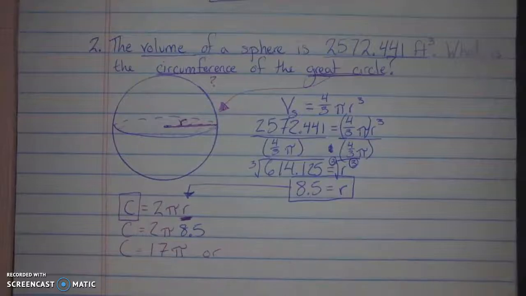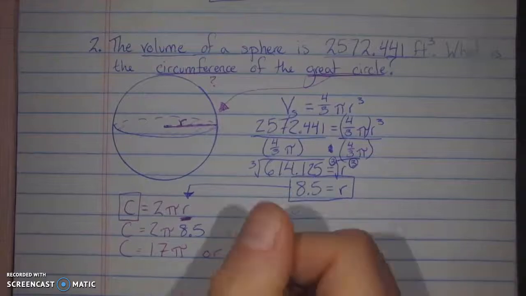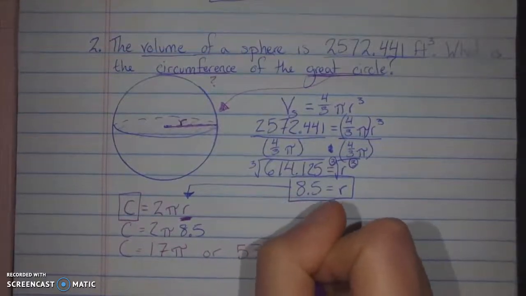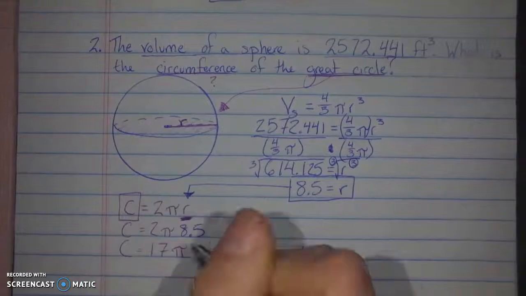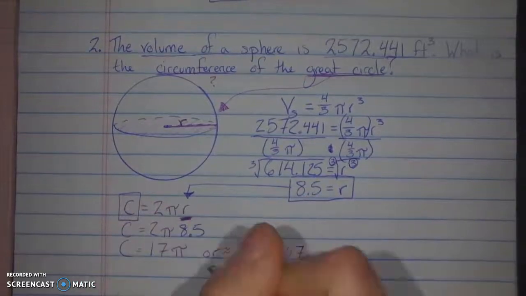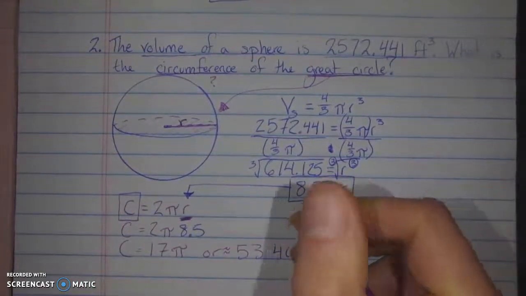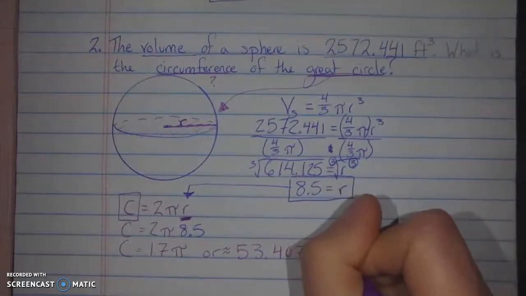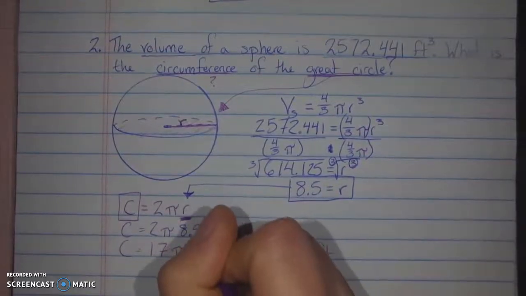Or I can actually multiply that out to see what it is, if I don't need an exact answer, and that gives me approximately 53.407. So either of these answers work, this one being exact, this one being approximate, and of course, since we were in cubic feet and circumference is talking about length, we now are in feet as a unit.